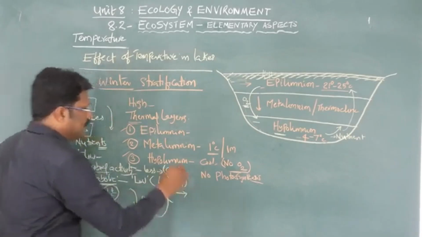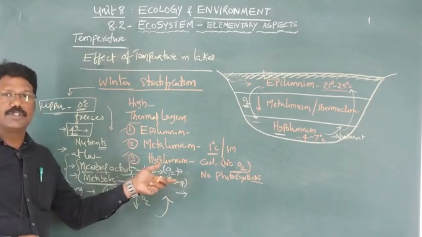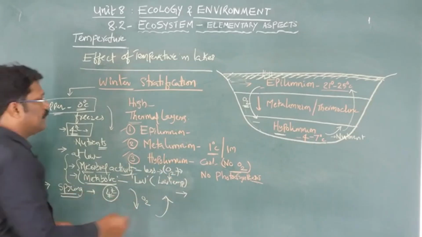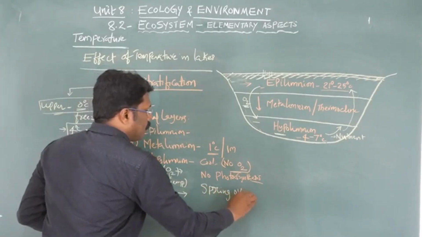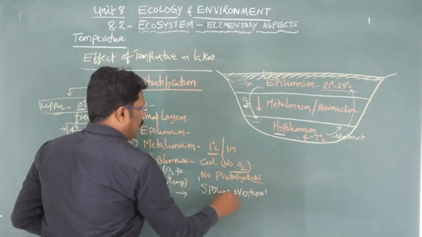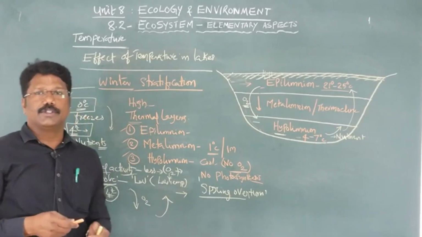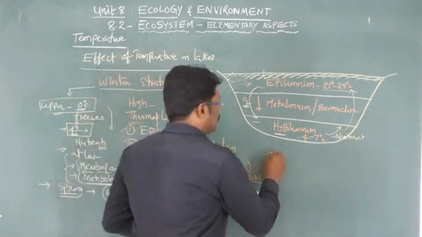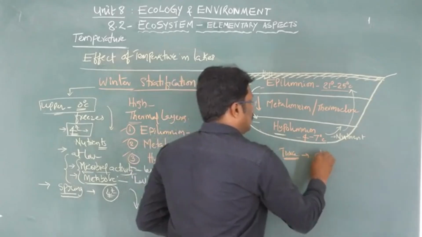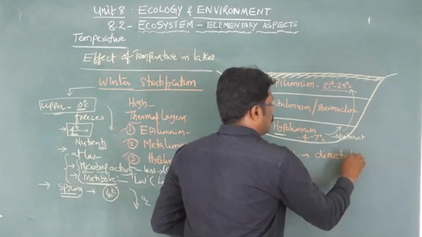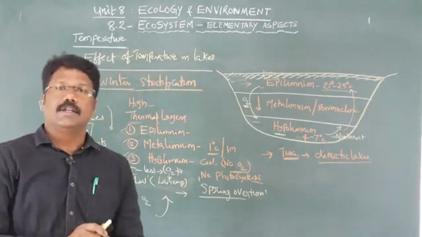Thus there is a circulation of oxygen and nutrients, just like in the autumn overturn, and this circulation is known as spring overturn. And the lakes which show the two overturns, that means they show circulations twice in a year, are known as dimictic lakes. So this is about the thermal stratification in the temperate regions.